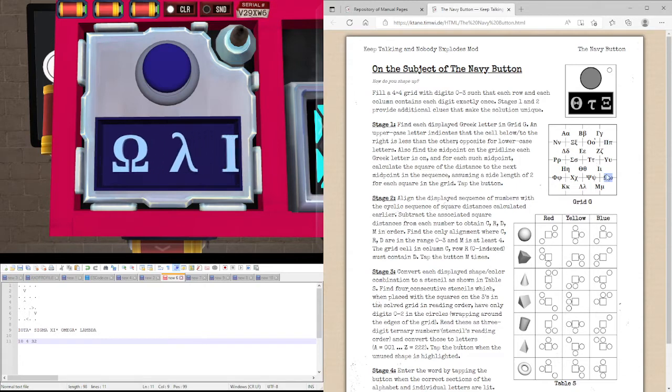Omega to lambda is 1 and 1, 2, 3, so it should be 10 again, because 3 squared plus 1 squared again, or 9 plus 1. And finally, lambda back to iota. It's going to be 1, 2, 1, 2. So it's going to be 2 squared plus 2 squared, which gives us 8. So these are our distances as well.